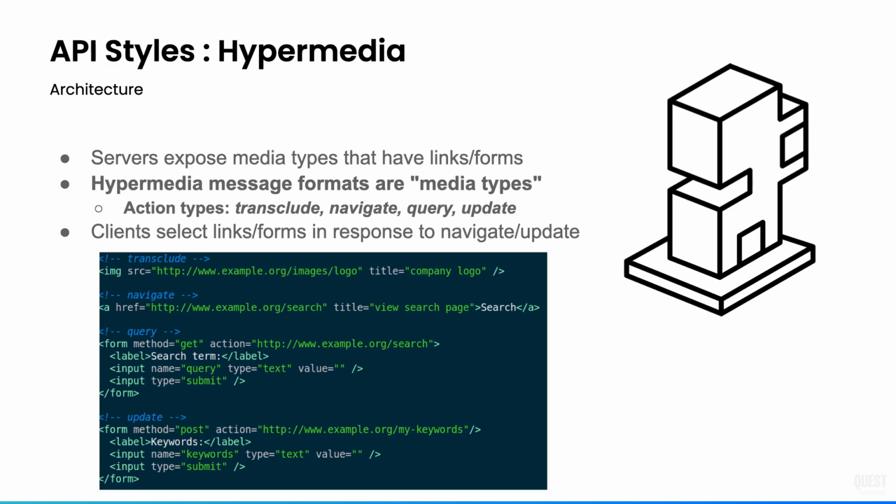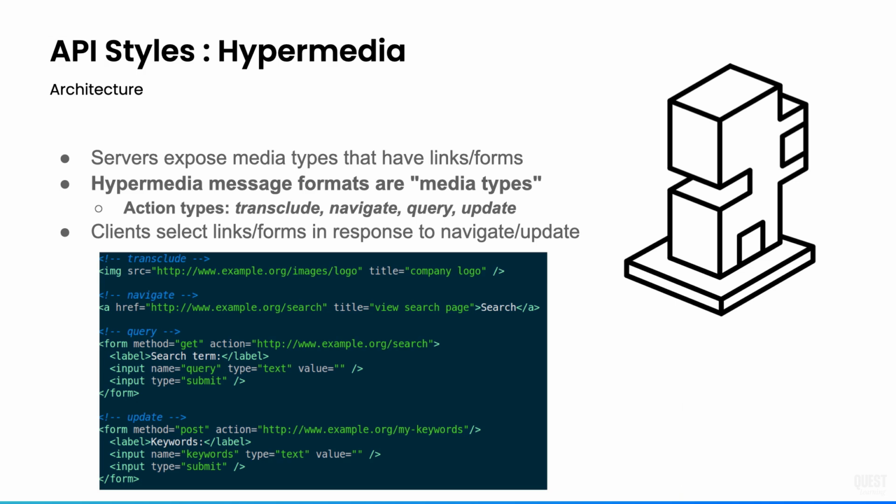Hypermedia message formats, sometimes referred to as media types, contain the actions themselves in all of the descriptive details. It turns out there are only a few types of actions possible. One of them is called transcluding or transclusion. That's when you take data from another server and bring it to the client, such as an image or an iframe.